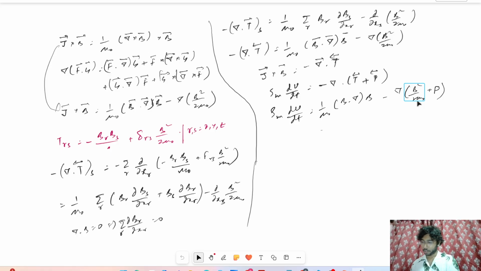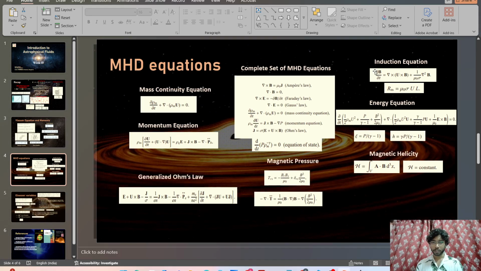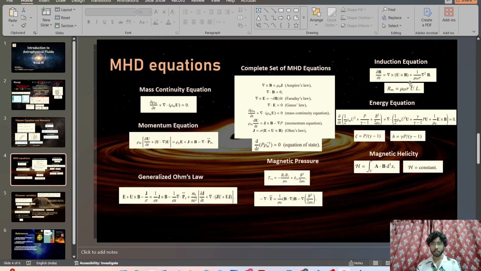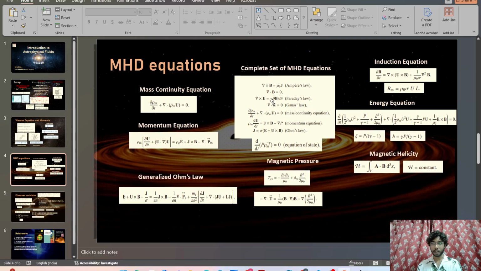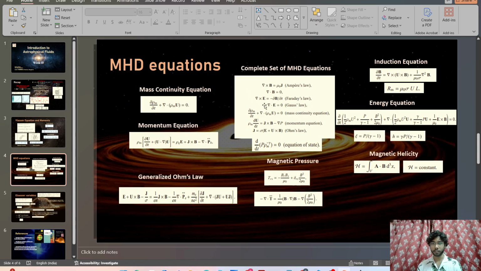Okay. So now we're going to do another thing, which is the induction equation. The induction equation comes from Faraday's law.